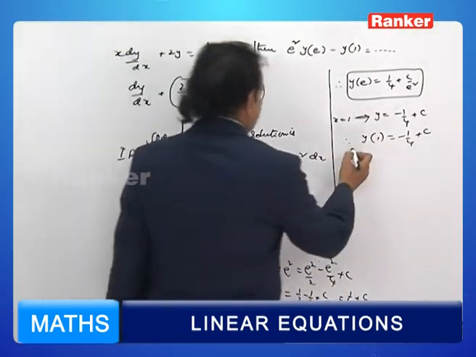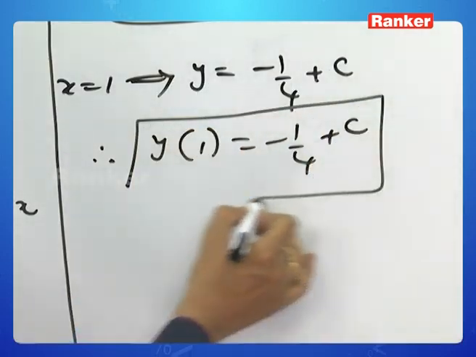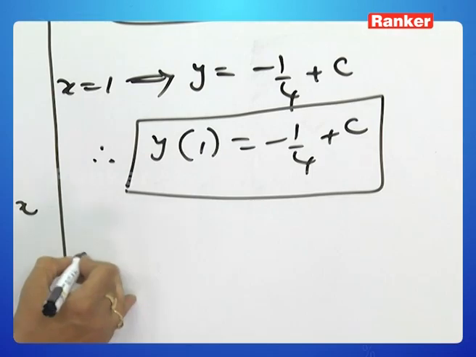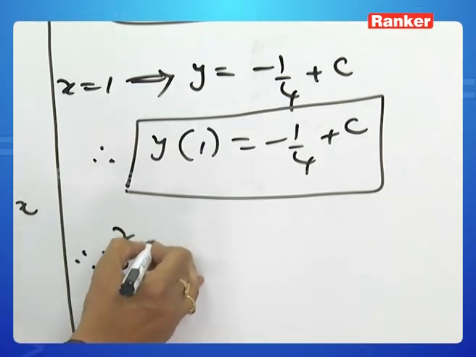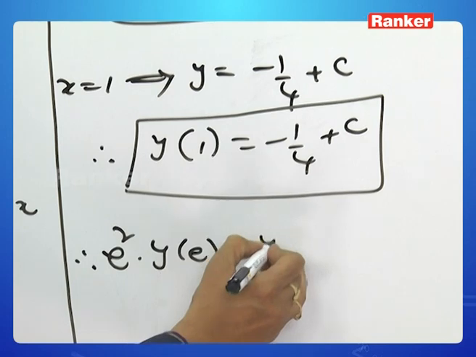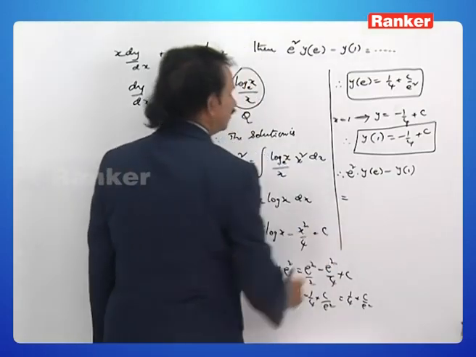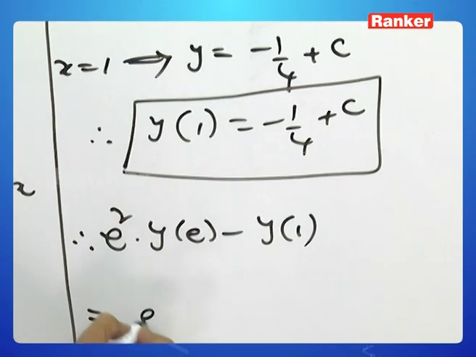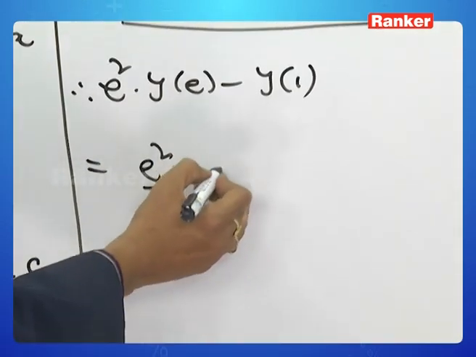Well, my dear, you try to make use of these two things to calculate this. Therefore, e square into y at e minus y at 1 is equal to, this is y at e, e square into that, e square by 4 plus c.